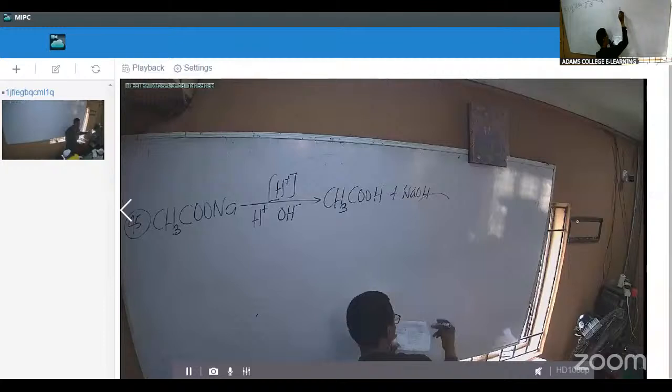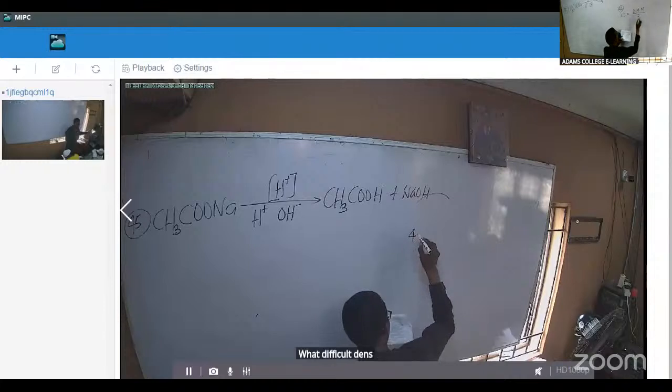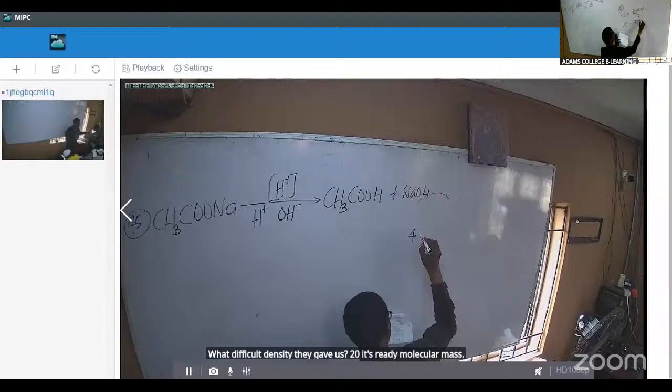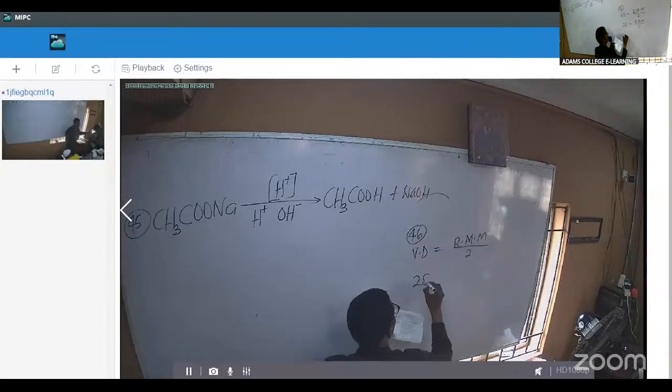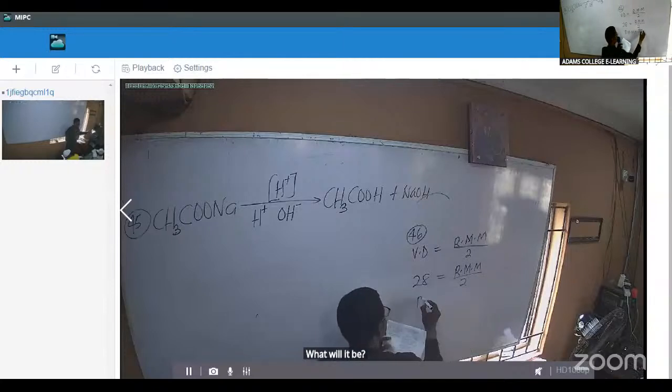Vapor density is relative molecular mass over 2. What's the vapor density they gave us? 28. Relative molecular mass, all over 2. So our relative molecular mass, what will it be? 28 times 2, 56.